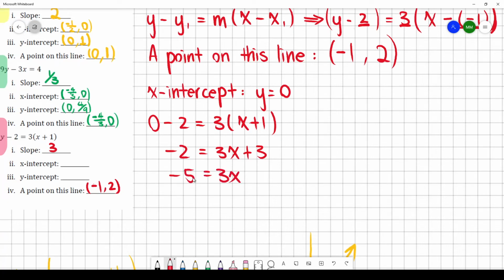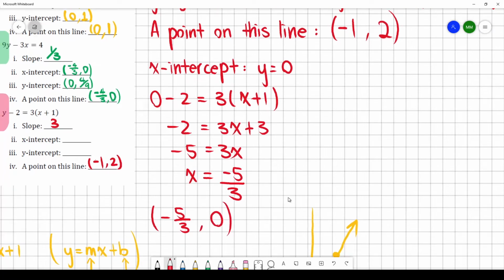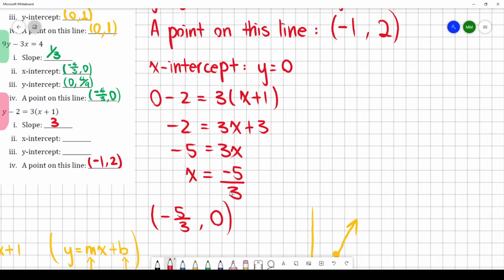Then dividing by 3 on both sides, I get x is equal to negative 5 divided by 3. But that's not the x-intercept yet, because it needs to be a point. Y is equal to 0. So that is your x-intercept.